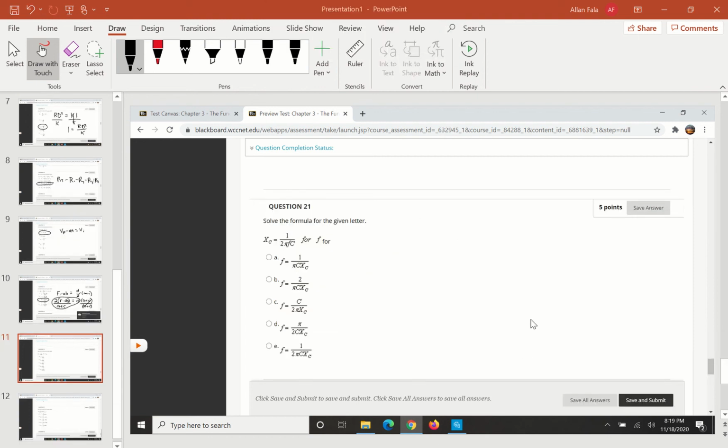For question 21, X sub C is equal to 1 over 2 pi FC.